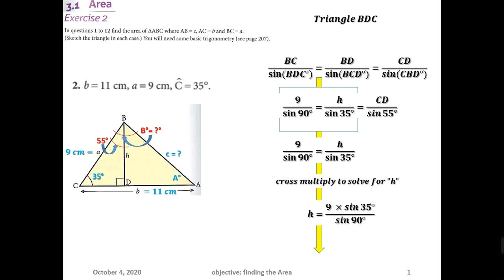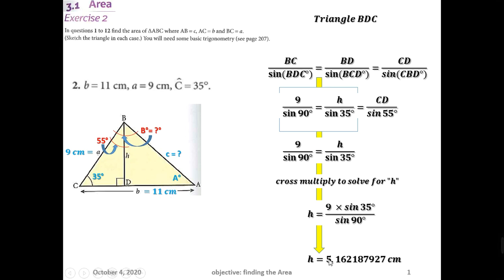Now this is ready to be inserted in the calculator, and if you do so, you're going to end up with H is equal to 5.16 centimeter, because all the lengths in this triangle are given to us in centimeters, and the answer is correct to three significant figures.